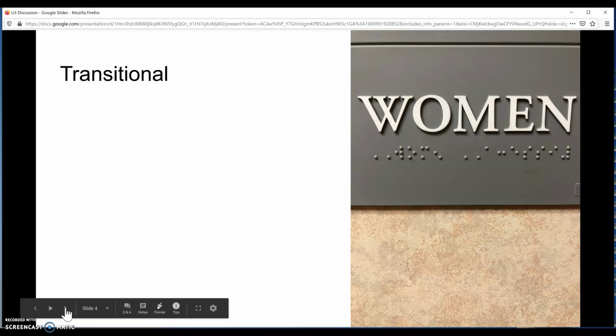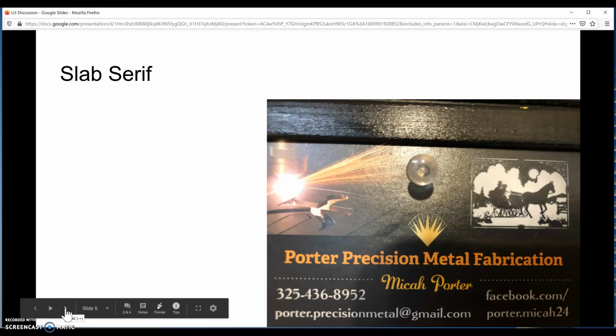If you look, it really is that middle ground that transitional is supposed to be. And it does have the contrast with the different line thicknesses, but it's not as drastic as we saw in the modern example.